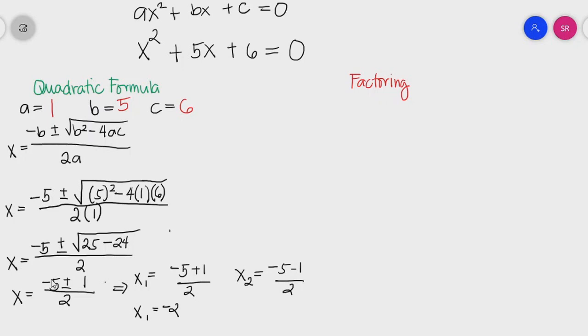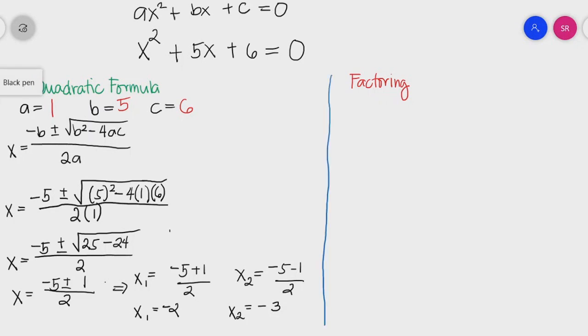We have negative 2 as our first root. And then for x sub 2, we have negative 5 minus 1, that will be negative 6 divided by 2. We have negative 3. So with all those solutions, we obtain negative 2 and negative 3 as our roots.